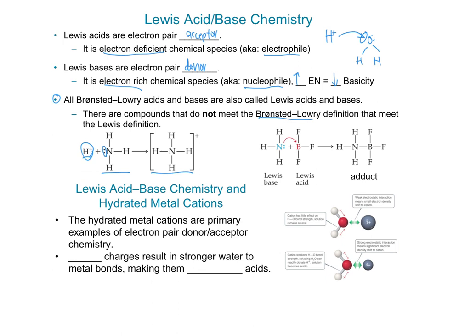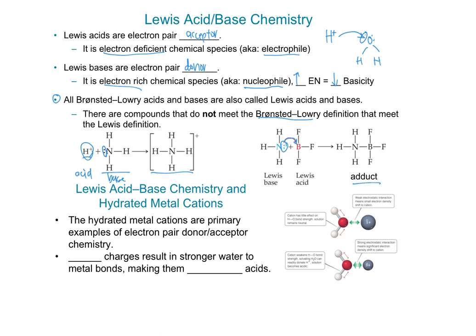There's that base and acid. So that's good for Bronsted-Lowry. But now we have something like boron trifluoride here, which is electron deficient. It doesn't have that complete octet. And so we can have our lone pairs from our base go in here to this electron deficient atom and create that extra bond. This is called an adduct.